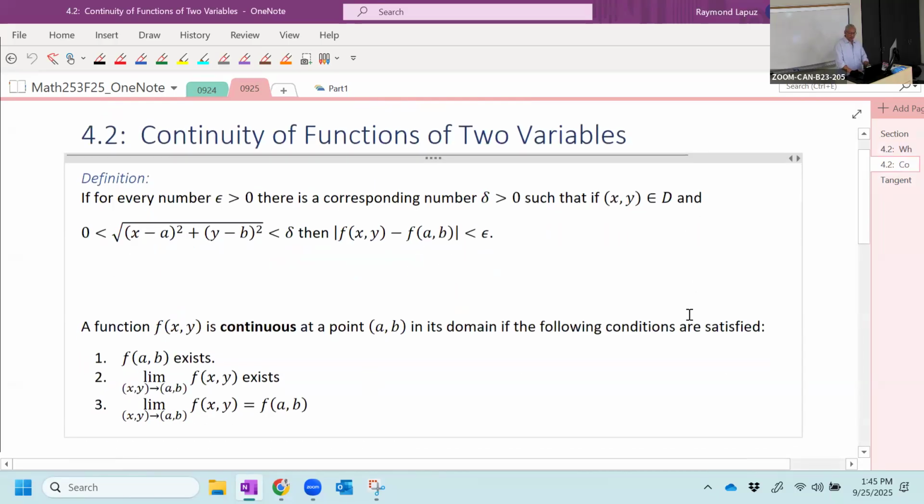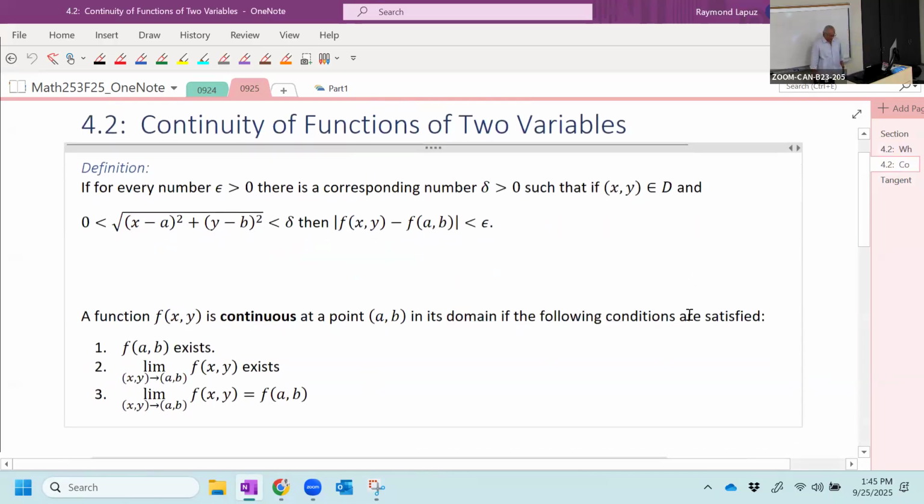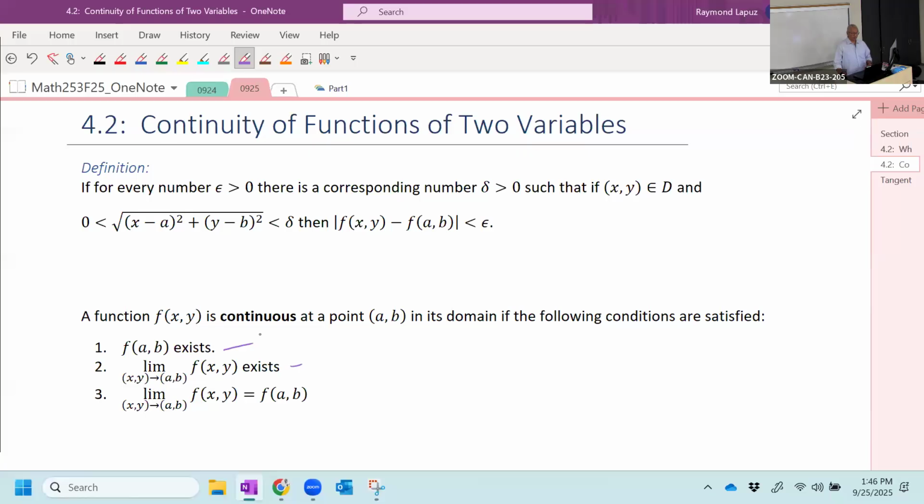The last bit in this section is the idea of continuity. Now, continuity just means that the limit exists and the function exists, and they all have to be equal to each other.